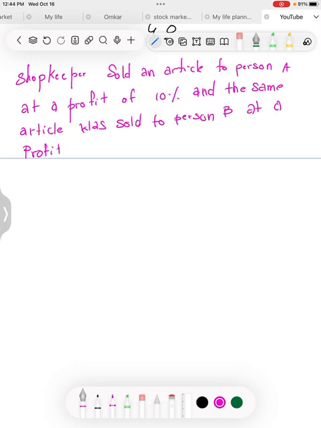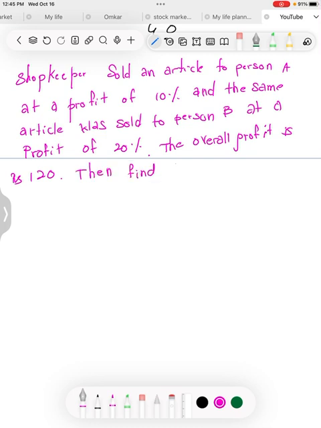The overall profit is 120 rupees. Now find the cost price of the article. So don't get confused, just try to do it. If you don't know these types of questions, just go for a small little thing.